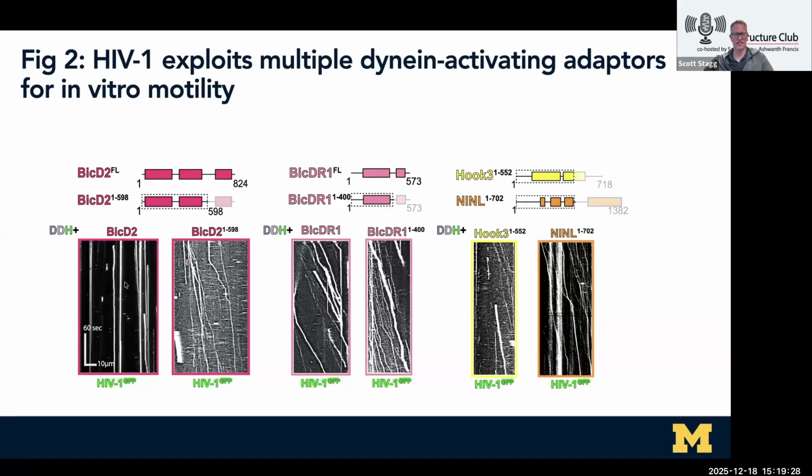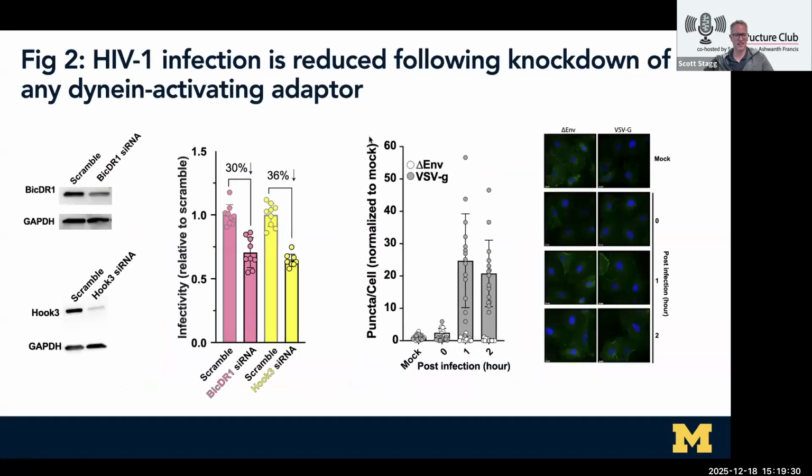Okay, whatever we have seen till now is coming from the in vitro data. So the main question might be, how about if it's the same thing that's happening inside the cell? Because already it has been shown from the cell-based and virology studies that BICD2 is the cargo adapter of dynein for HIV-1.